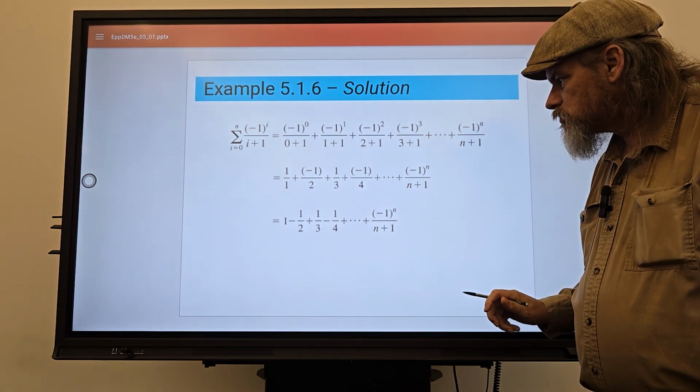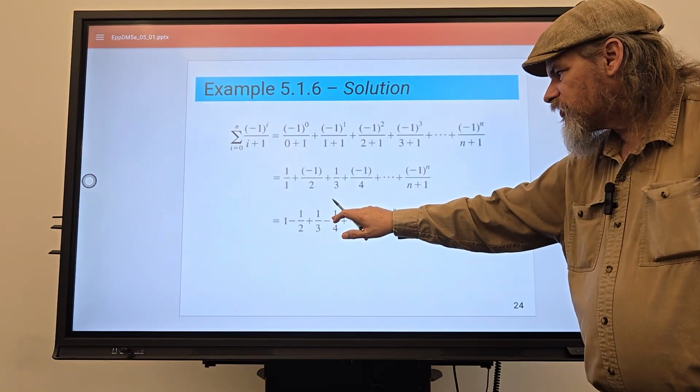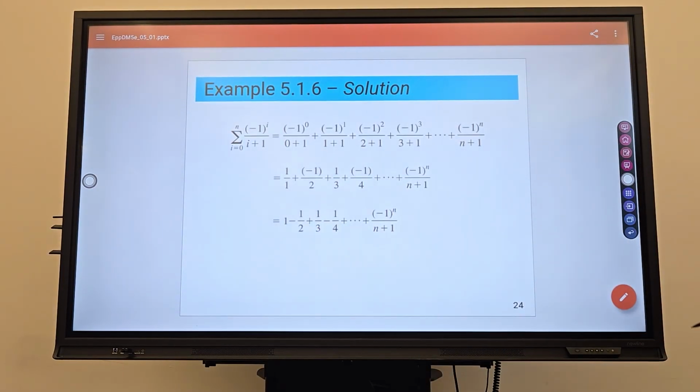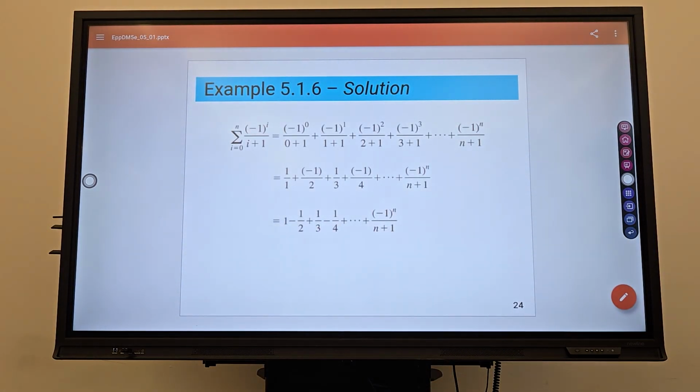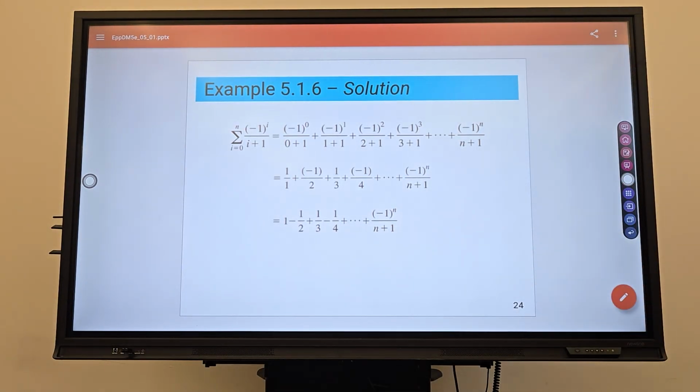But yeah, it alternates between plus and minus because the numerator is minus 1 to the power of n. And the last term that I didn't put up there would be minus 1 to the n over n plus 1.